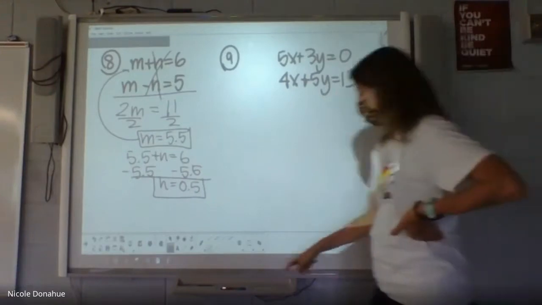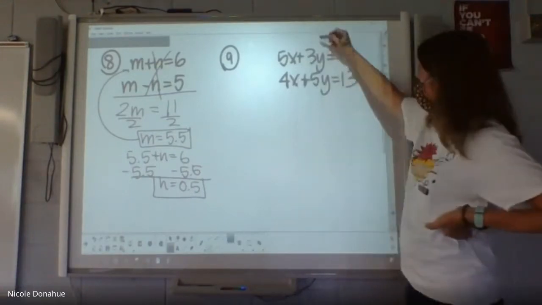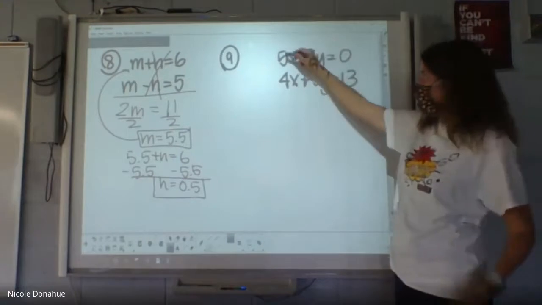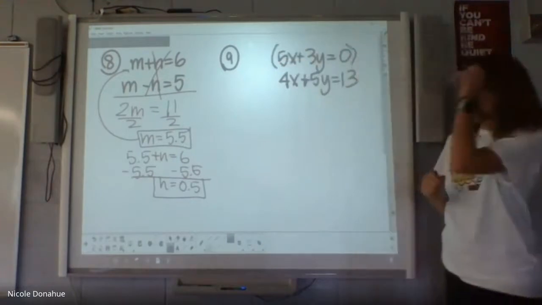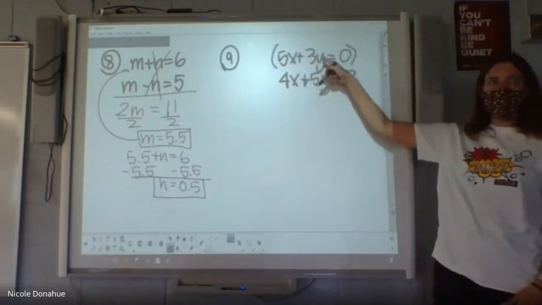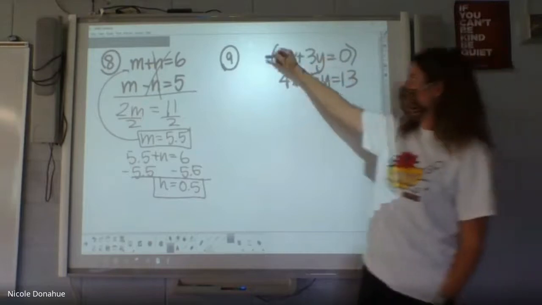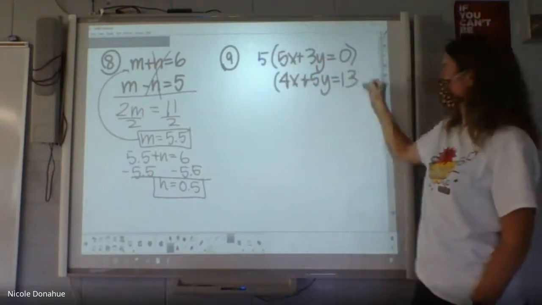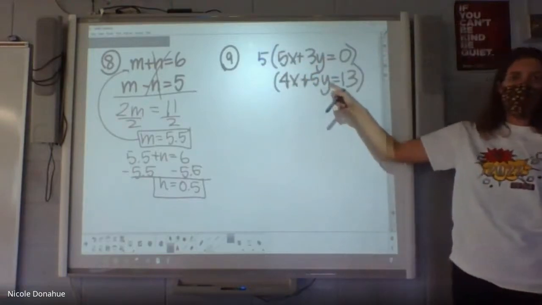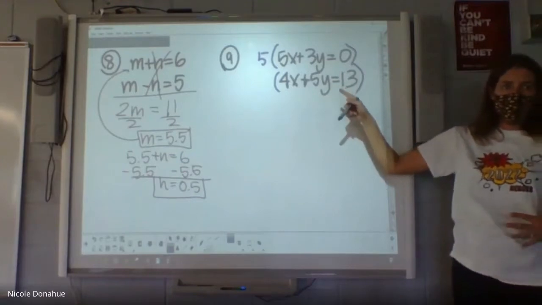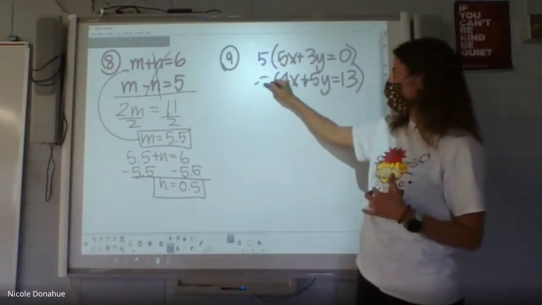You could use 15. So I'd like a 15y and a negative 15y here. To make 3y into 15y, I multiply by 5. And to make 5y into 15y, I multiply by 3, but I put the negative there.